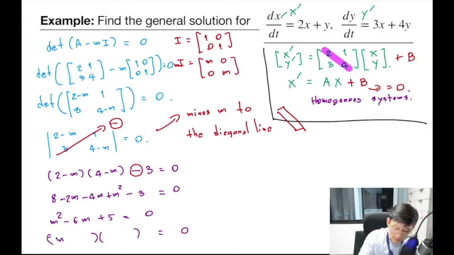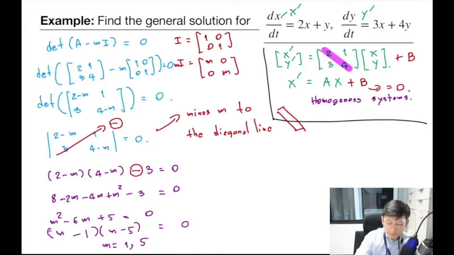I get (M minus 5)(M minus 1) equals 0, which means that my M is 1 and 5. These M's are called eigenvalues.